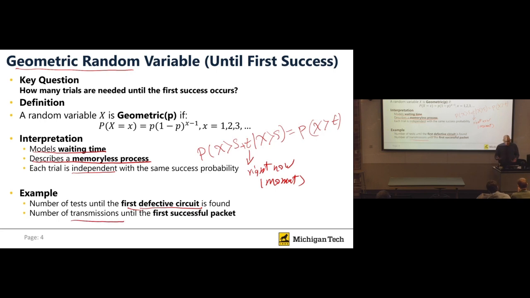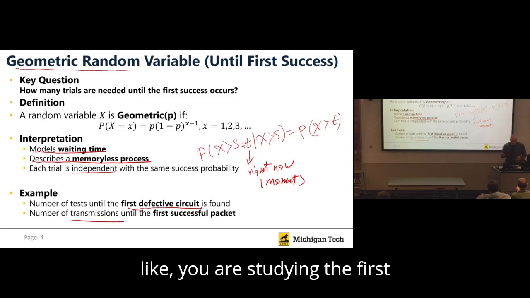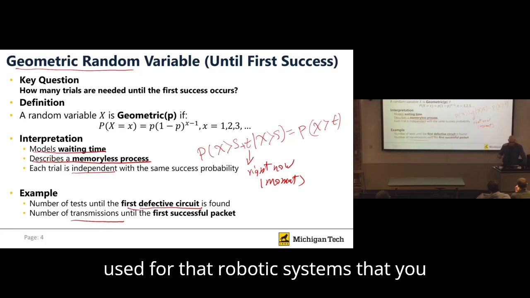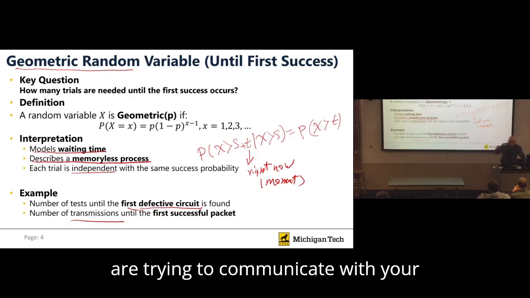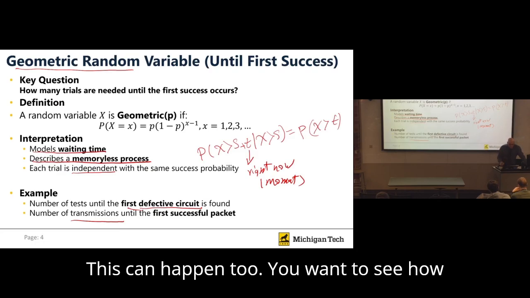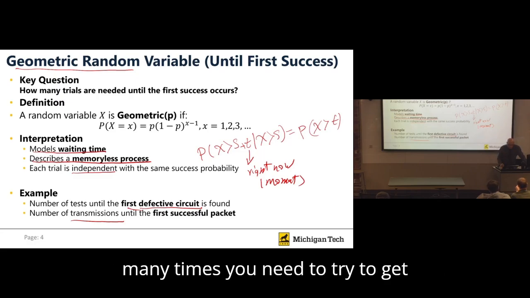We want to study the first success. For mobile or robotic systems communicating with your server or your base, this can happen too. You want to see how many times you need to try to get success.